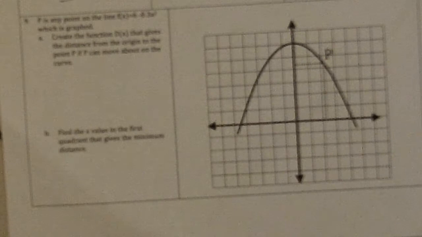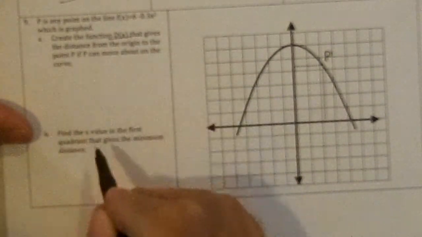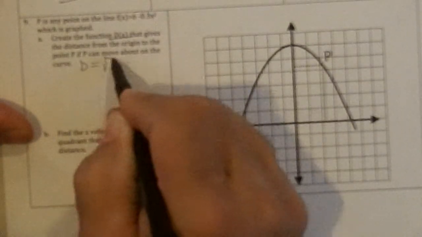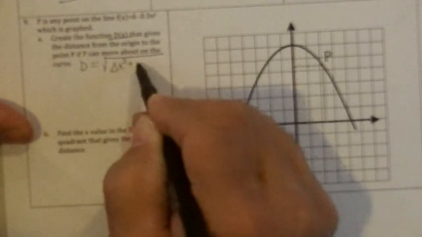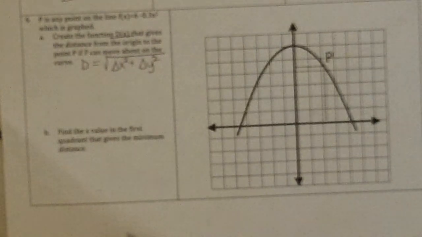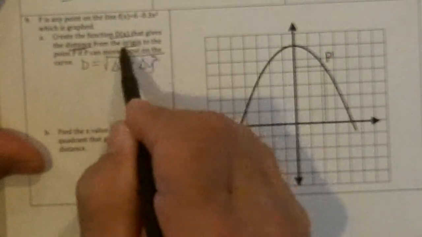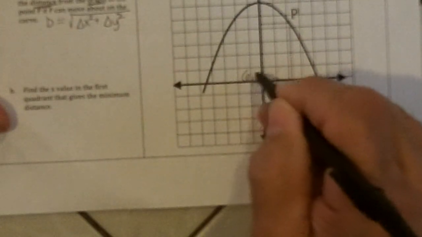And the last one. It says write a distance function. Well, the distance between 2 points is the square root of the change in x squared, it's the Pythagorean theorem, plus the change in y squared. Okay, and it's supposed to be the distance from the origin. The origin is 0, 0.